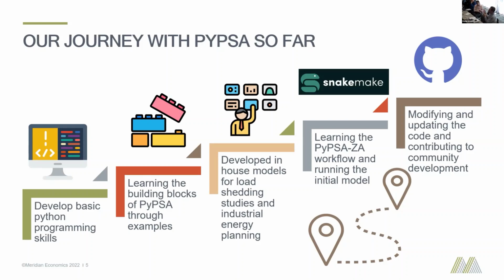It's quite hard to jump into a huge model if you don't really understand what the building blocks are doing. The next step, once we started to get comfortable with that, is then building our own models. And there's two models that we initially focused on. So the one is, like Rabia mentioned earlier, a simplified dispatch model.